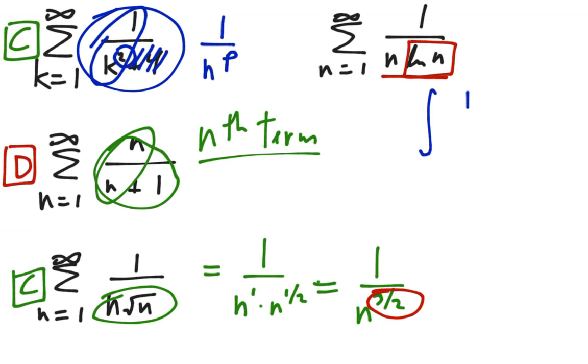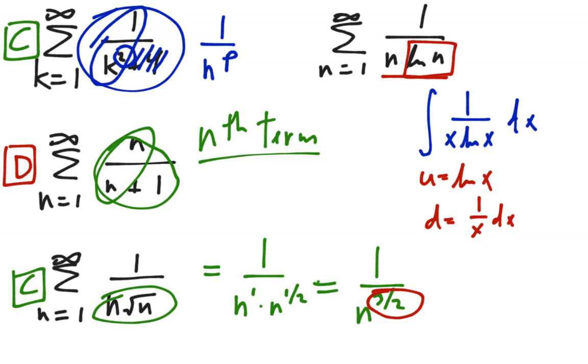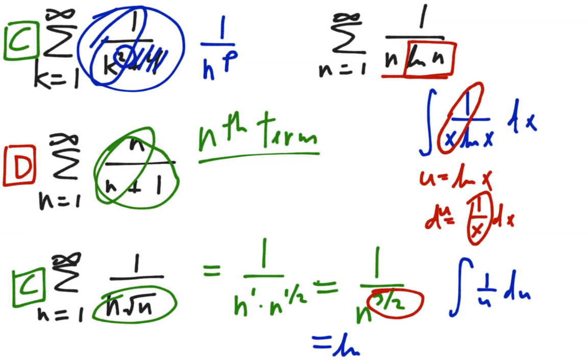So if I try to integrate 1 over x ln x dx, well, we're going to have a u substitution because u is going to be ln x, and so the du will be 1 over x dx. Notice here this is that 1 over x that we were looking for, the du. So when I rewrite this, I will have the integral of 1 over u du, and this integral is natural log, so I'll get ln of absolute value of u.